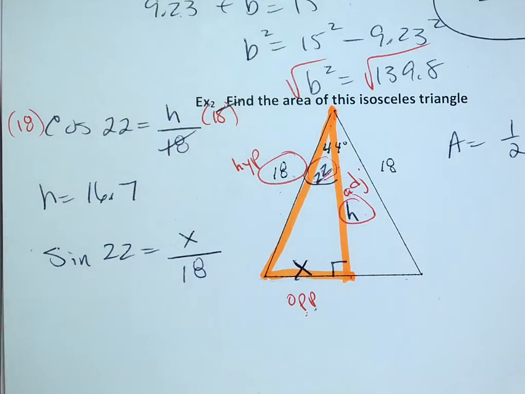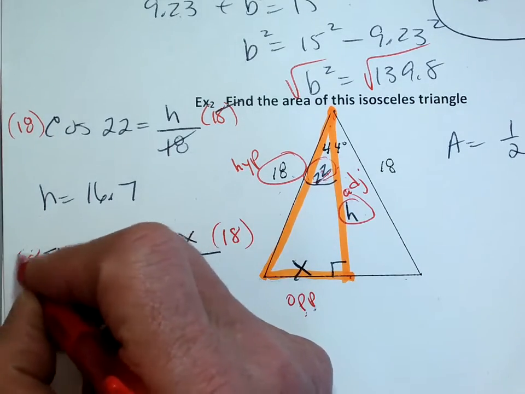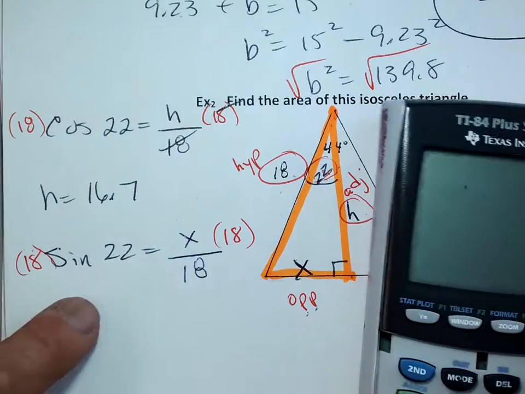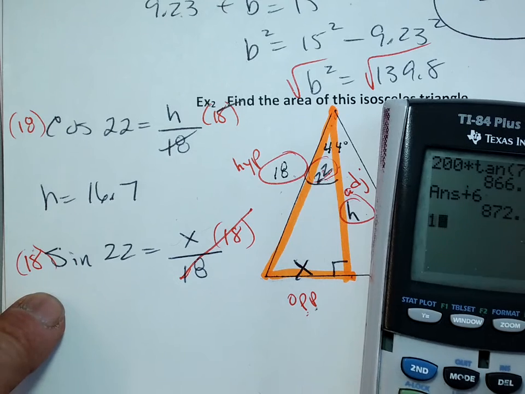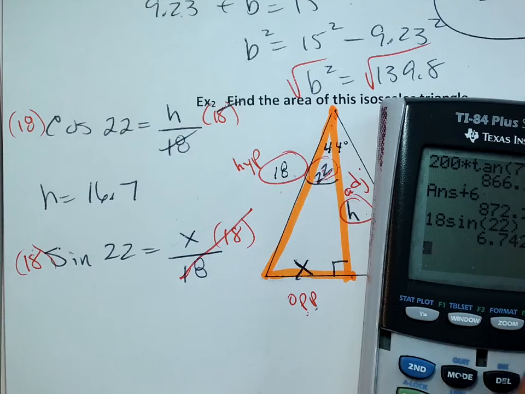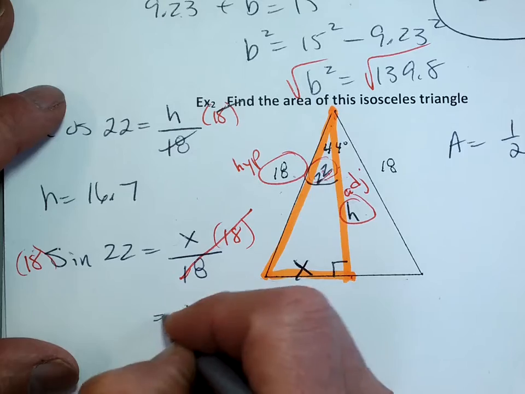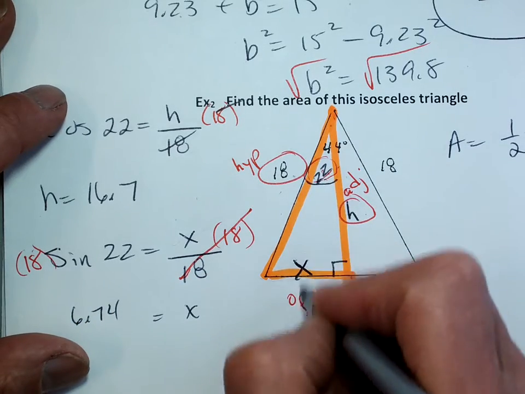So I'll multiply by 18. I'll use my calculator. 18 times the sine of 22. I get 6.74.